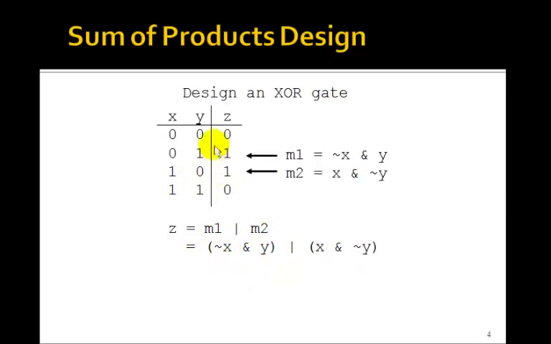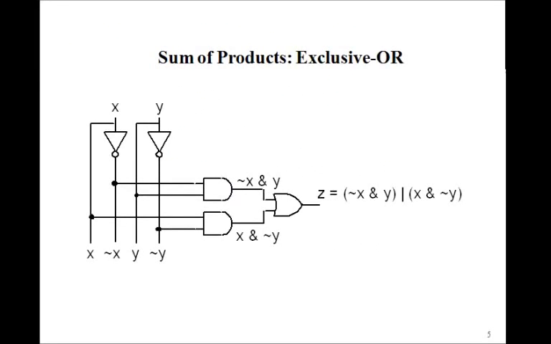We can write basically by inspection what z is in terms of x and y, as a sum, that is an OR, of products, that is AND gates. Now, we can draw the logic circuit for this. Here is the output we want. We need some NOTs, so we'll use this convention.